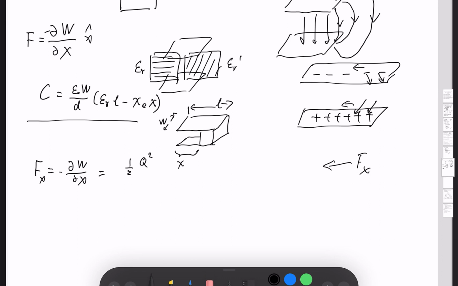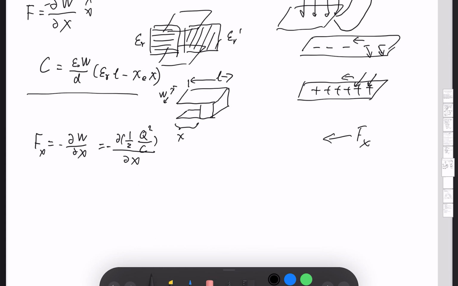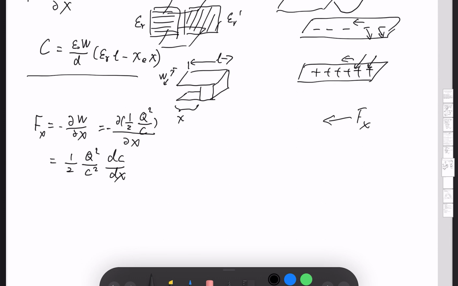Here we just derived that the energy is q squared over C, and we should do a partial derivative of the entire thing, and that should give us, with the C we just obtained above, the final result.